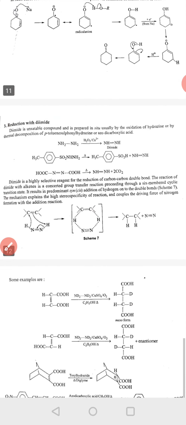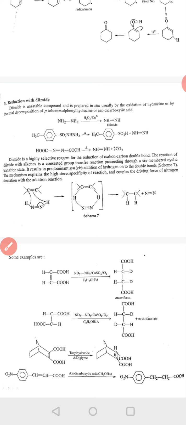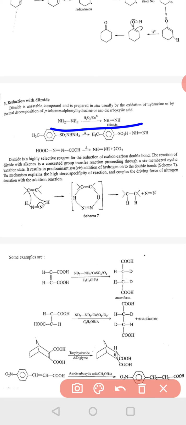Next we are taking reduction with diimide. Diimide is an unstable compound and it is prepared in situ, usually by the oxidation of hydrazine. This is oxidation of hydrazine, or by thermal decomposition of para-toluene sulfonyl hydrazide.